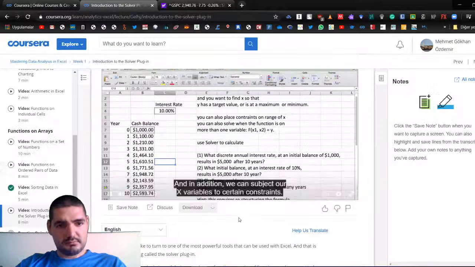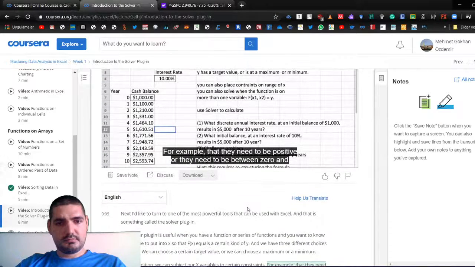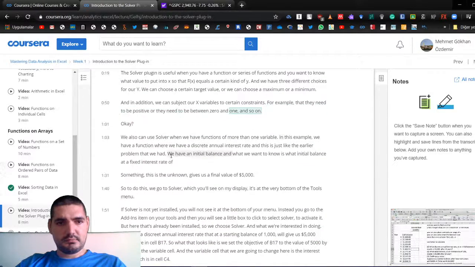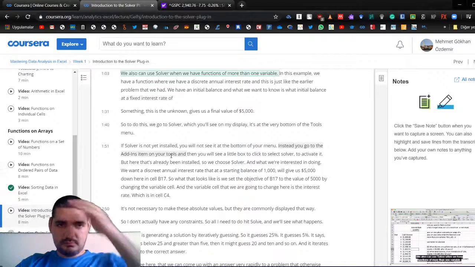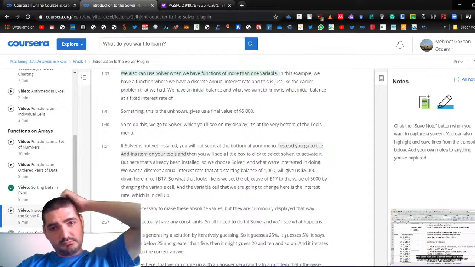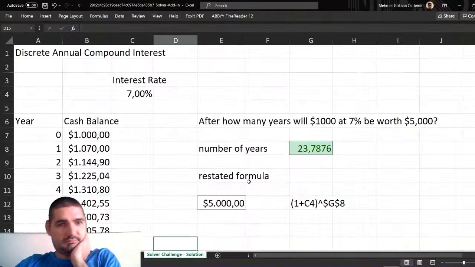And in addition, we can subject our x variables to certain constraints. For example, that they need to be positive, or they need to be between 0 and 1, and so on. We also can use Solver when we have functions of more than one variable. In this example, we have a function where we have a discrete annual interest rate, and this is just like the earlier problem that we had.